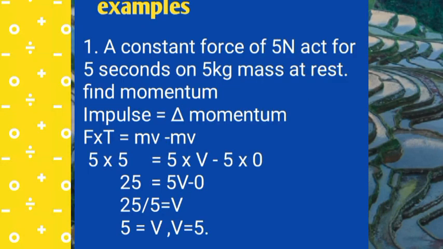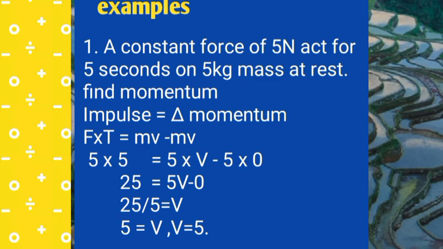To the second question. A constant force of 5 Newton acts for 5 seconds on a 5 kg mass at rest. Find the momentum. We know that the impulse equals change in momentum, and our impulse is force times time, which equals m2 v2 minus m1 v1, that is the momentum of the final velocity minus the momentum of the initial velocity.